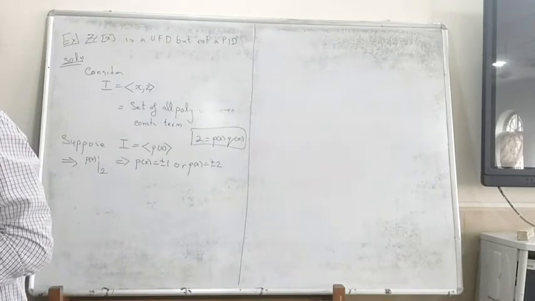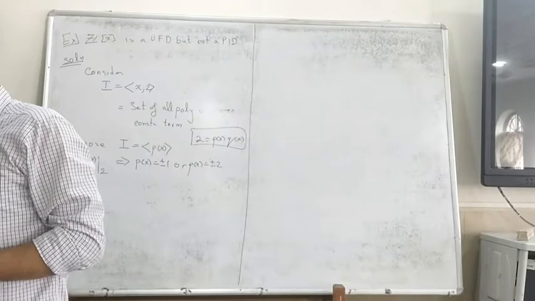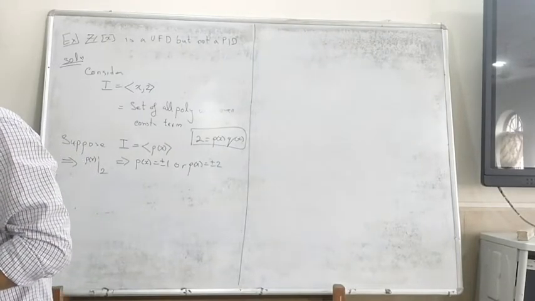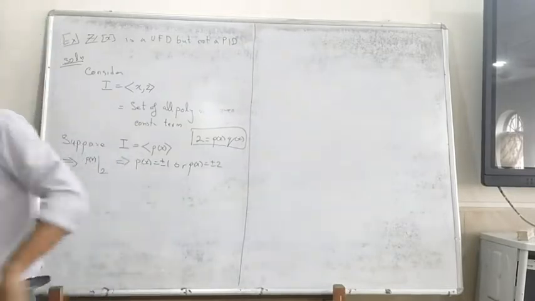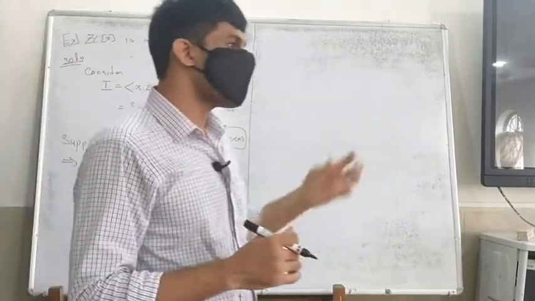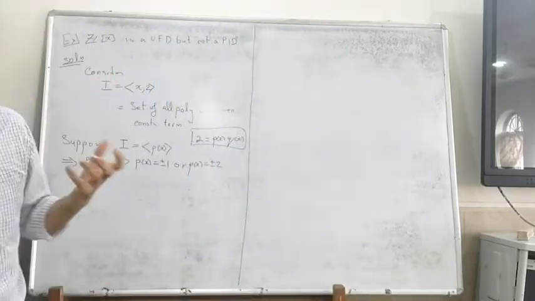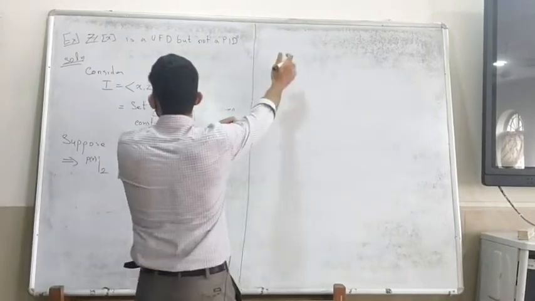Now we'll look at the next interesting type of integral domain, that is the Euclidean domain. The idea of the Euclidean domain comes basically from the division algorithm.